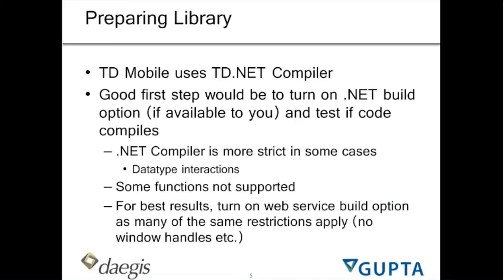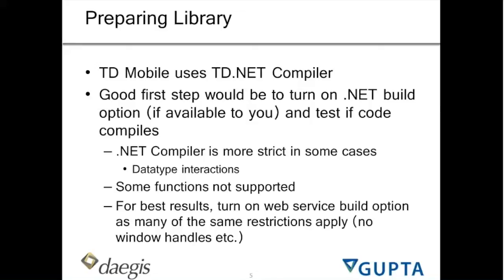Now, if you're not aware, our TD Mobile product is .NET based, so your code is actually going to be compiled by our .NET compiler and run primarily as web services in an ASP.NET container. As you're probably aware, we also have that same .NET compiler available in our TD product.